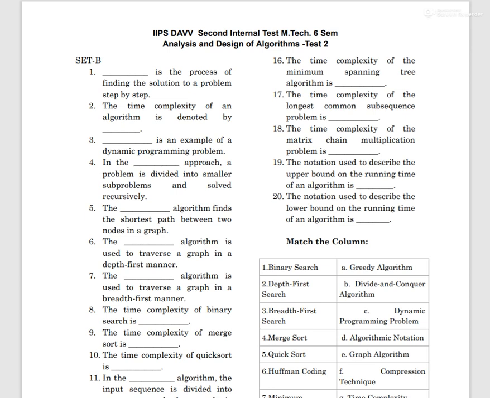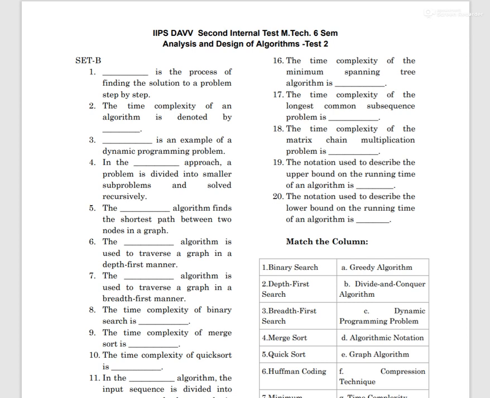The time complexity of the longest common subsequence problem is order of mn, or order of n square, where m can be considered as the length of the first sequence and n can be considered as the length of the second sequence, that is, the number of characters present in the first and second sequence are represented using m and n respectively.